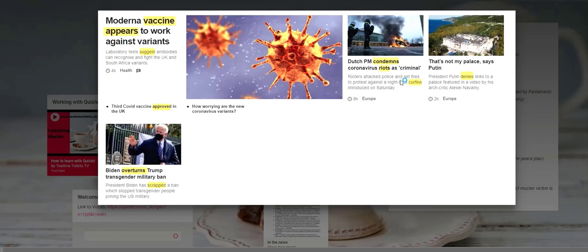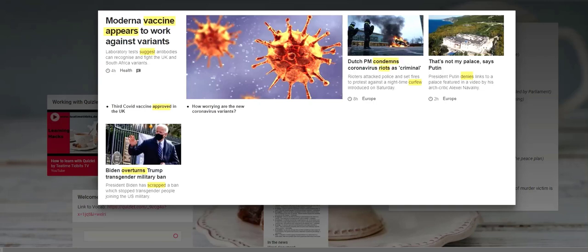In Holland, in the Netherlands, there were riots. This is when people attack police, they protest and they set fire. And they were doing this because the Dutch want to have a curfew, which means that you can't go out at night. And then they started riots, they protested about it. And the Dutch Prime Minister, he criticizes this, he condemns it.